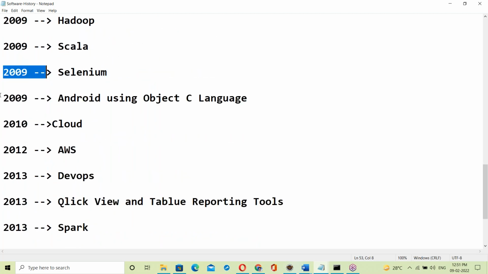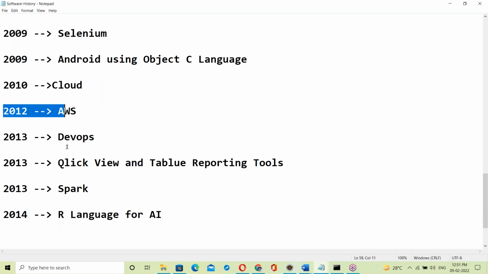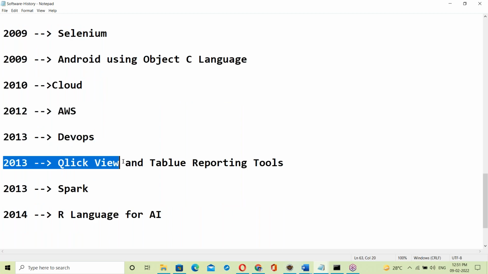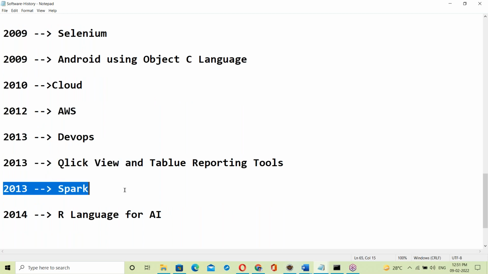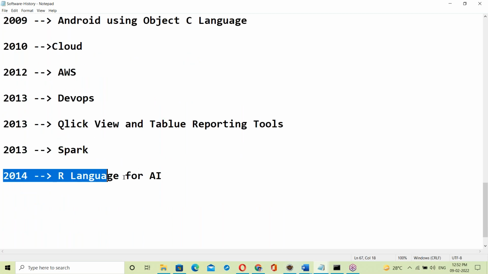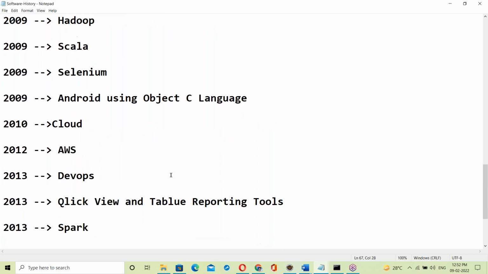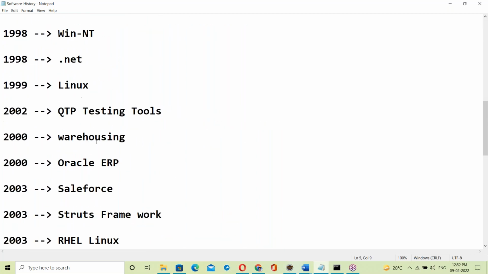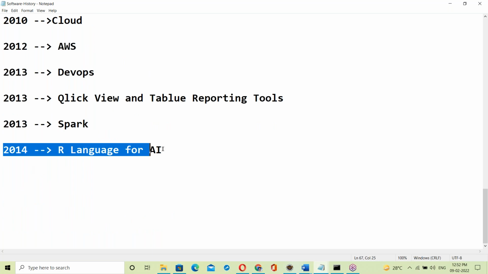Selenium. Next Android, next cloud environment. 2012 AWS. 2013 DevOps. 2013 reporting tools. 2013 Spark framework. 2014 R language for AI. They are officially used in the markets. See, 1945 to 2014, that is the history.